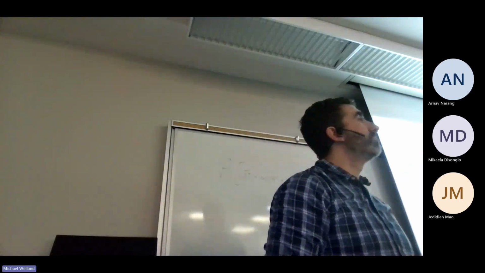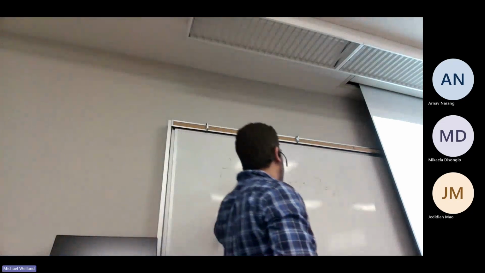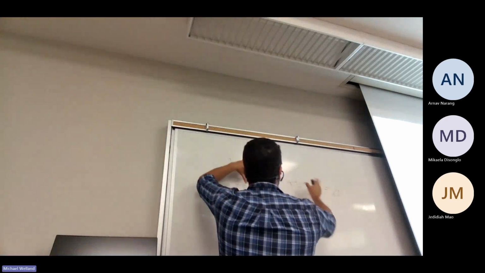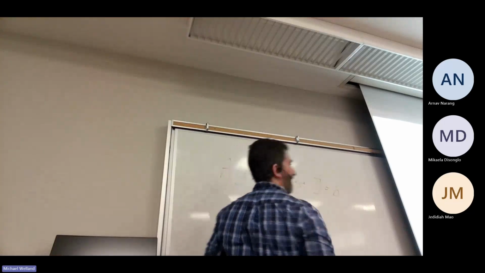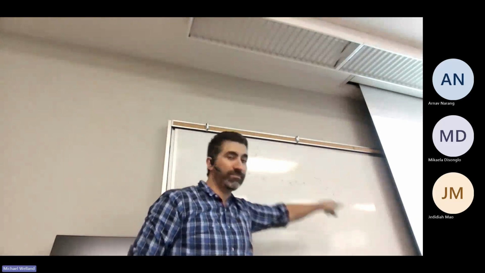Sorry, could you turn the light on? Better? Yep. So this is what we're trying to do, and this is the idea of the Krylov subspace method. We're trying to build a basis for our solution X, based on careful choice of these steps.